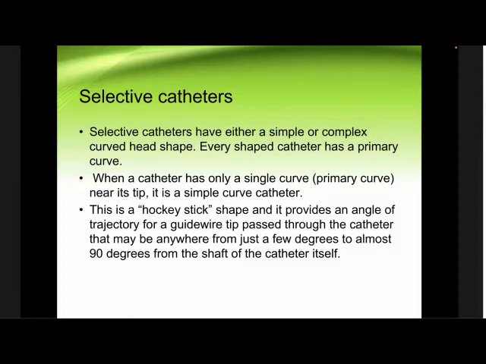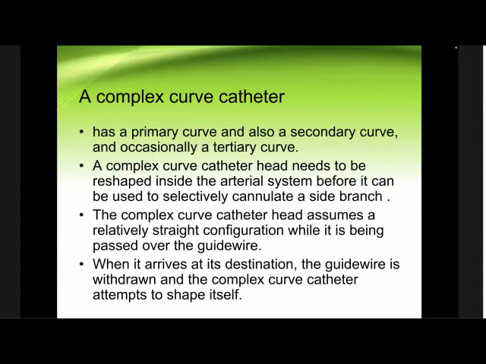That will allow it to cannulate from a few degrees to almost 90 degrees from the shaft of the catheter itself. Whereas a complex curve catheter has a primary curve, a secondary curve, and occasionally a tertiary curve. This complex curve catheter should be reshaped in the arterial system before it can be selectively used to cannulate a side branch.